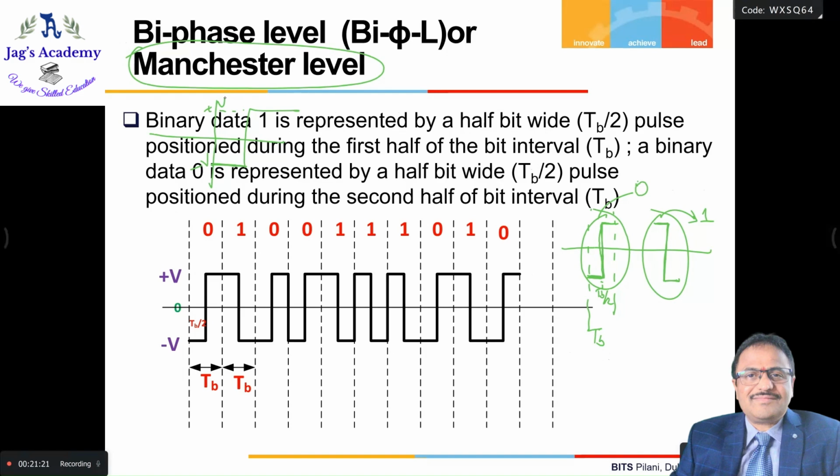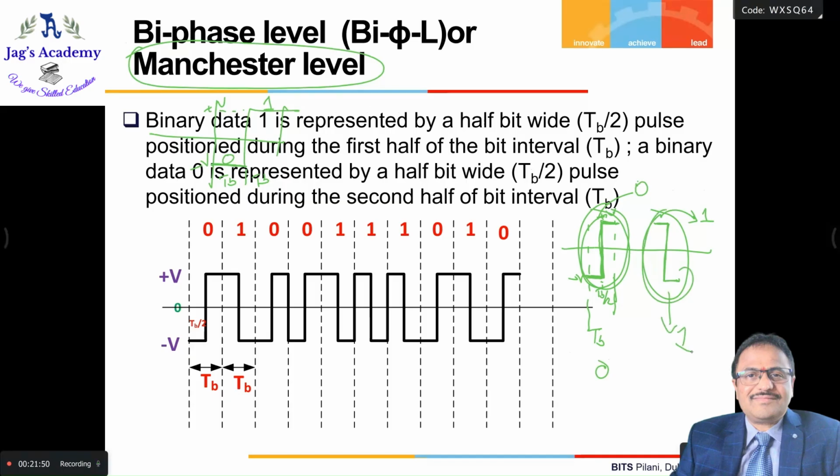Now in biphase, this is your TB, this is your TB, this is your TB. This is bit 0, this is bit 1. So in biphase, within this TB, there is a phase shift, one phase. It starts from minus V to plus V. This is representing 0 and this is representing 1.